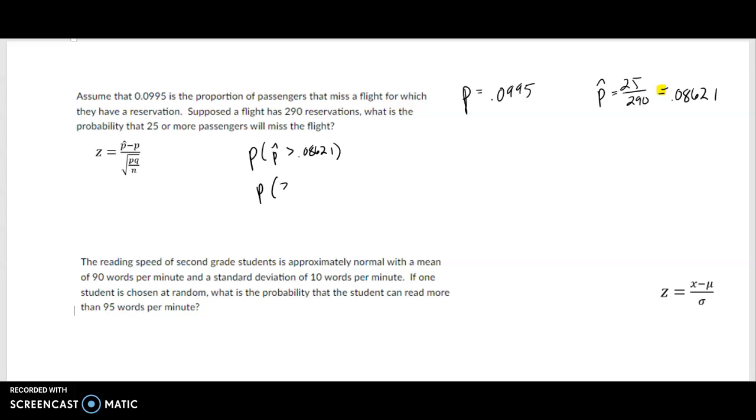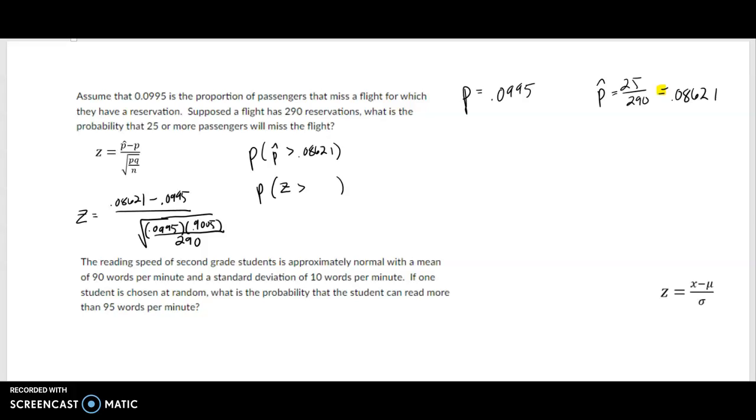I always write a statement for z right away, because that reminds me to calculate the z-score, which in this case would be 0.08621 minus 0.0995, divided by the square root of 0.0995, that's P, and Q is 1 minus that, which should be 0.9005, all divided by n, which is 290, my sample size.